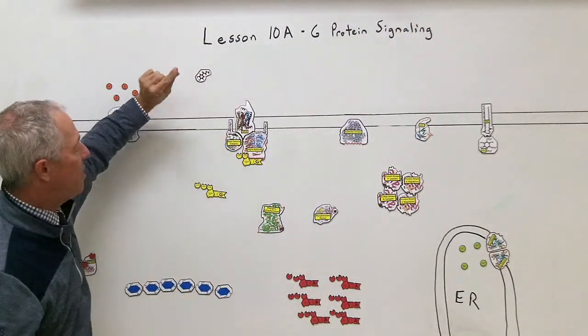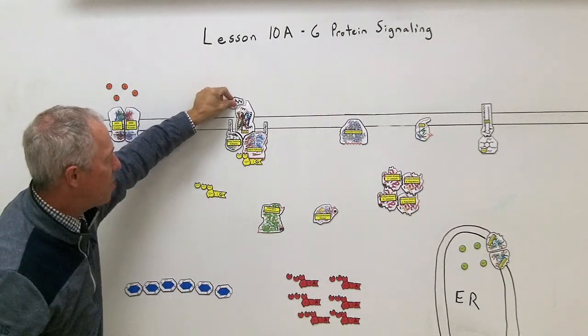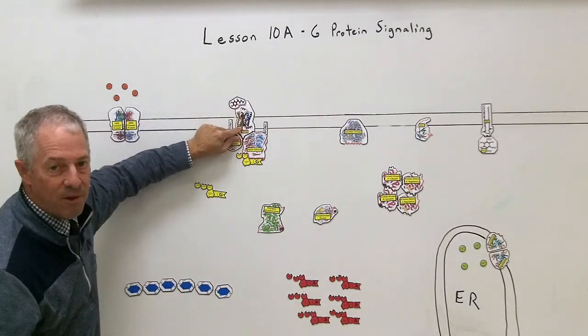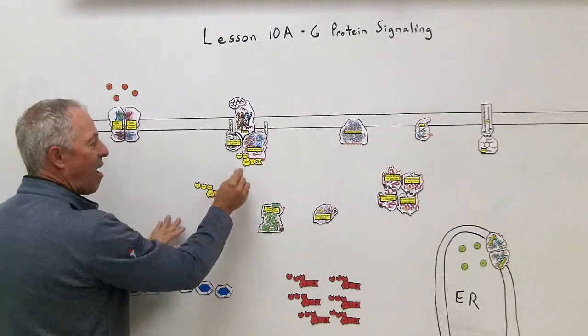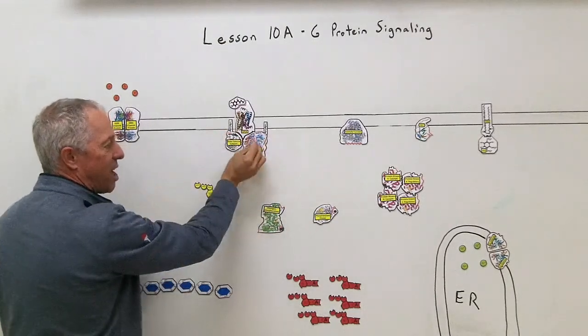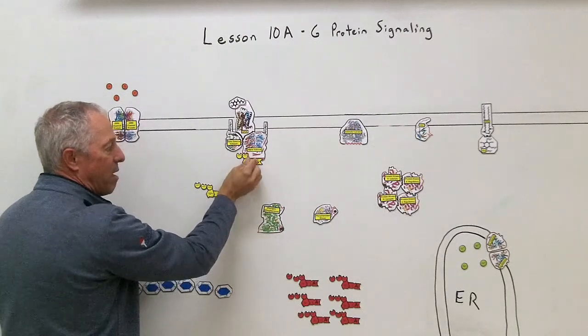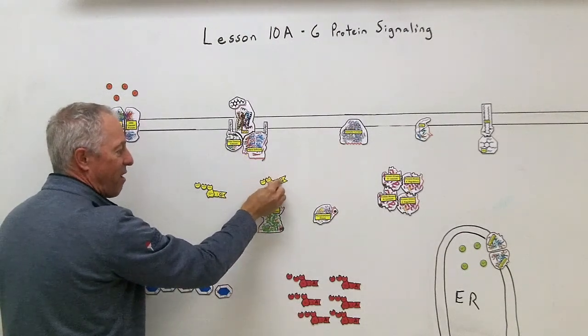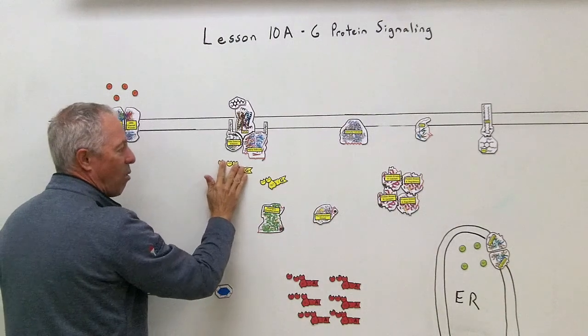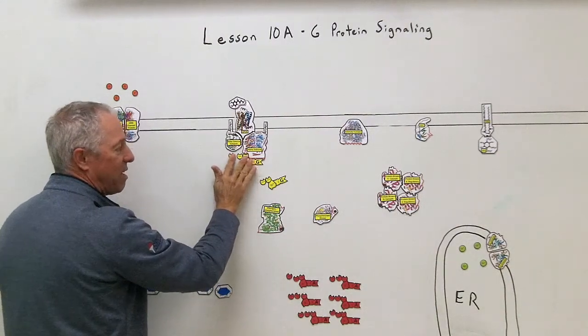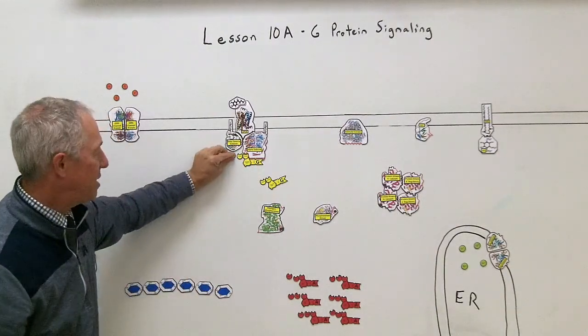But when the epinephrine binds to the G protein coupled receptor, it causes a conformational change where the alpha subunit of the G protein releases the guanosine diphosphate, and a guanosine triphosphate will attach in its place.